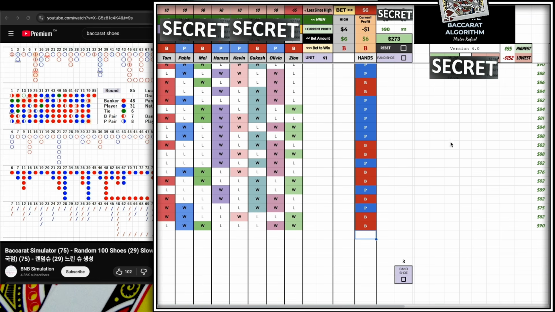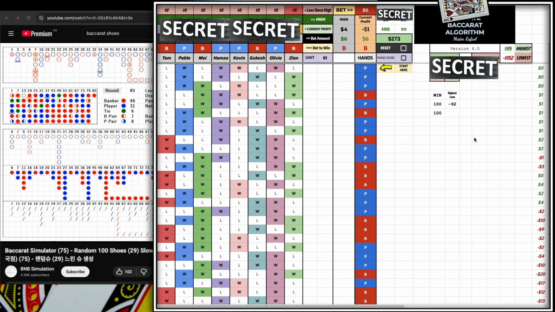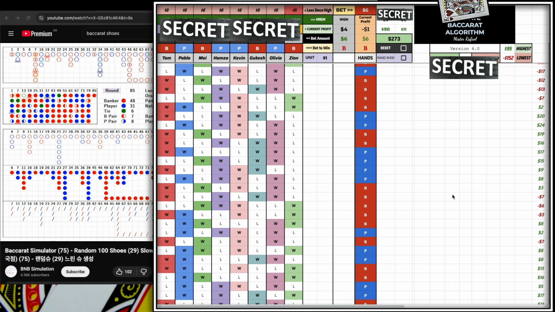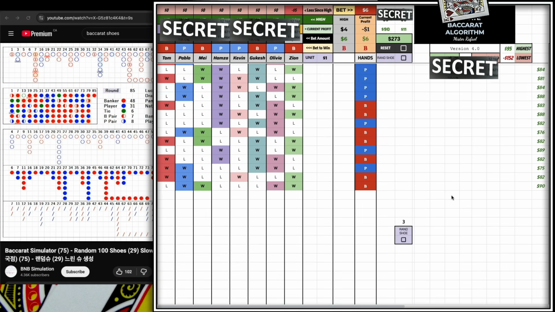As you can see, we're at $95. Our biggest drawdown was minus 152. So it beat this one, minus 92, right? Let's try to get to 100.